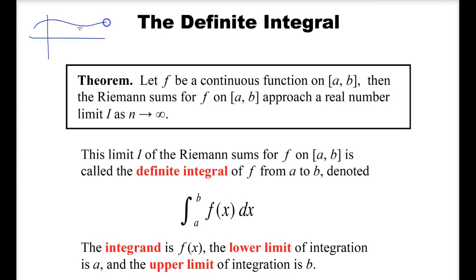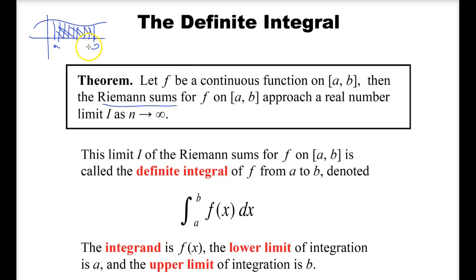Let's say we had a function that looked like this from A to B, and we're looking at the area under here. If we were to slice this area into a bunch of tiny rectangles, and added up all the areas of these really small rectangles, that would be what's called the Riemann sum.